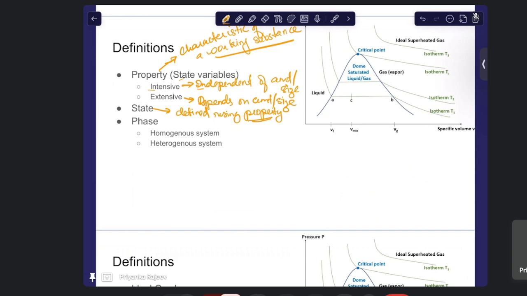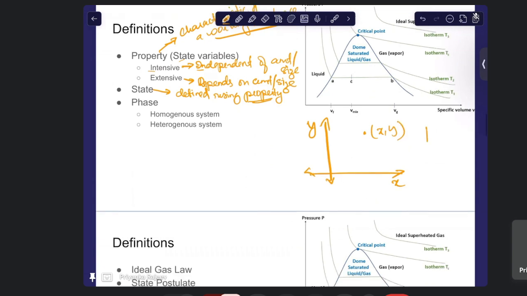So properties are sort of like coordinates for defining, like for example we have the xy axis. And if you want to define a position in this frame of reference, we will use the x coordinate and y coordinate, right?